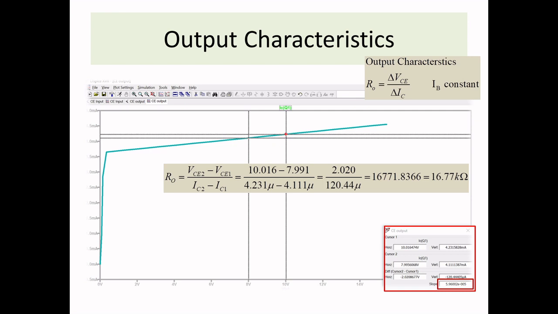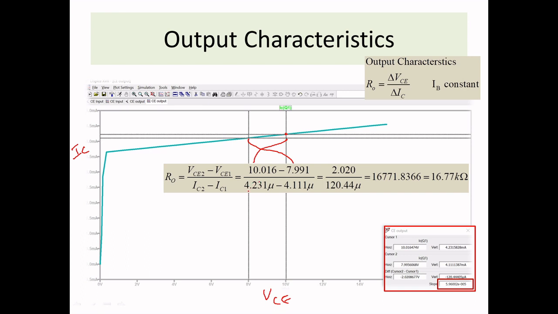I have taken two cursors. First, this is a voltage and this is a current: the current is IC and the voltage is VC. The two voltage values are 10.017 and 7.991.